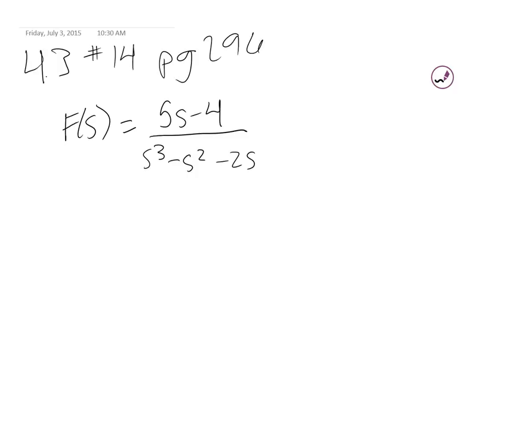The first thing I did to try and simplify it into forms of Laplace transforms that we know is pull an s out. So then F(s) is equal to (5s minus 4) over s times (s squared minus s minus 2).